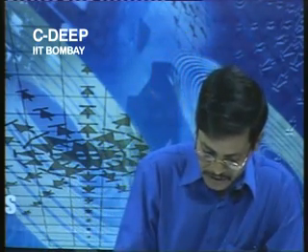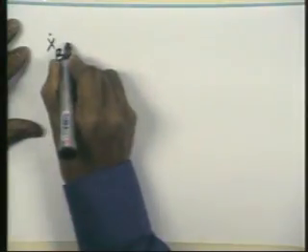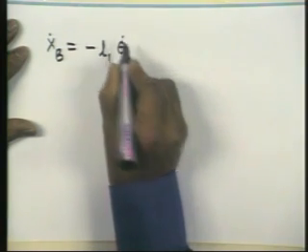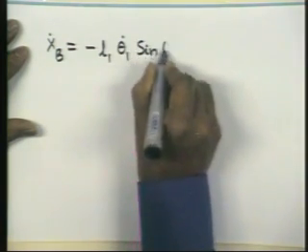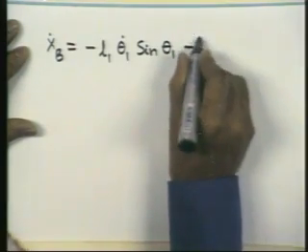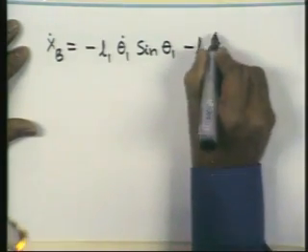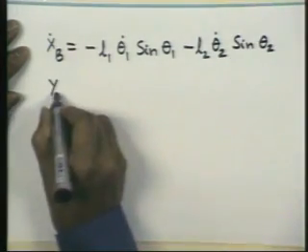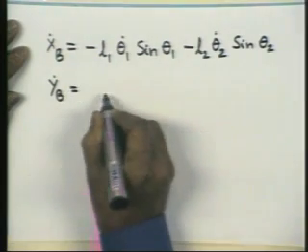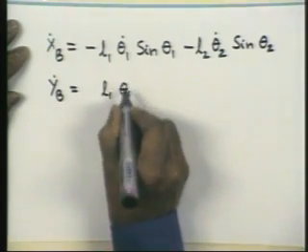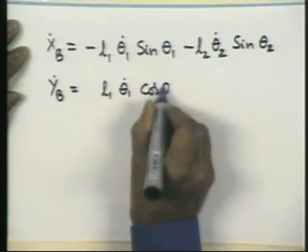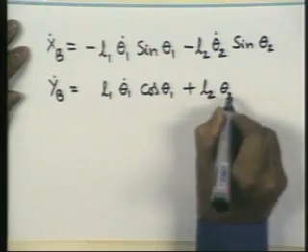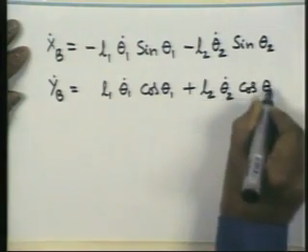So, xb dot, for example, will be minus L1 theta 1 dot sin theta 1 minus L2 theta 2 dot sin theta 2. yb dot is L1 theta 1 dot cos theta 1 plus L2 theta 2 dot cos theta 2.